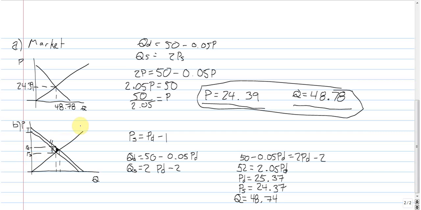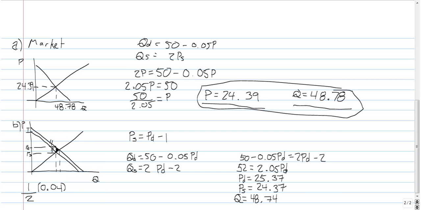Just drawing it out helps you picture the triangle that you need to calculate. Of course, the area of a triangle is 1/2 base times height. So the height is this 48.78 less this 48.74. That's the height. And the base is the difference between PD and PS, which we already said was just 1, so it's implied in this whole thing.